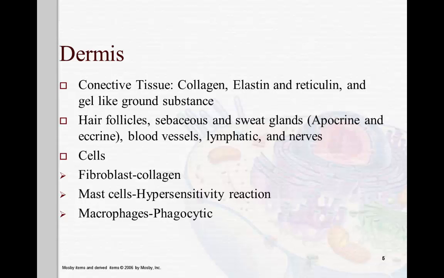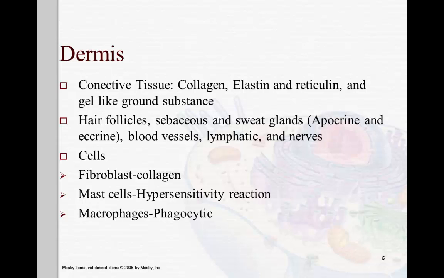In addition, in the dermis, there is connective tissue, which is collagen, elastin, reticulin, and hair follicles start at that level.